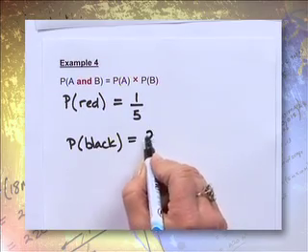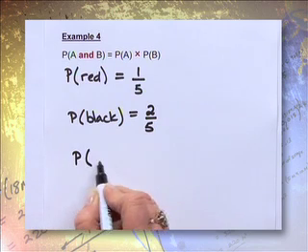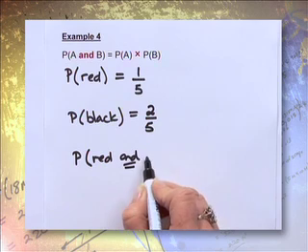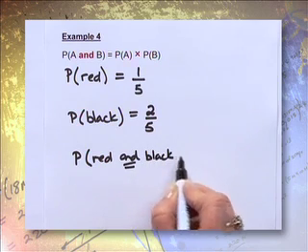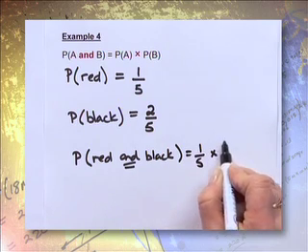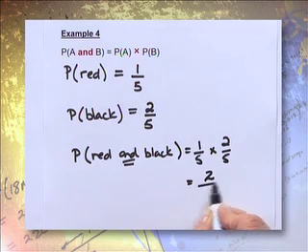So it's going to be 2 out of 5. So the probability of drawing a red on the first, and there's our word again, a black on our second one, is going to be 1/5 multiplied by 2/5, and that gives us a final answer of 2 over 25.